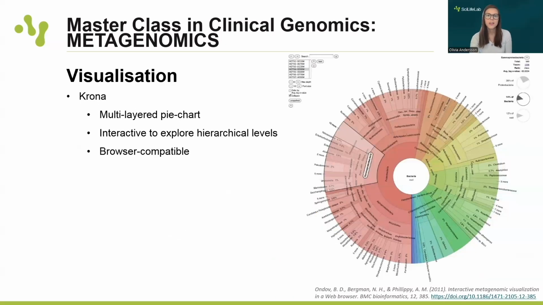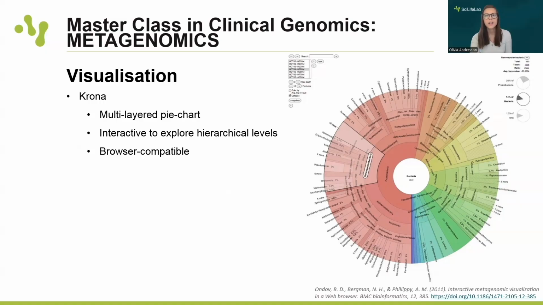For the visualization of the results, one popular tool is Krona, which provides dynamic multi-layered pie charts for each sample in the dataset. These charts are interactive, which enables users to zoom into specific details within the sample, making them ideal for datasets with a hierarchical structure.